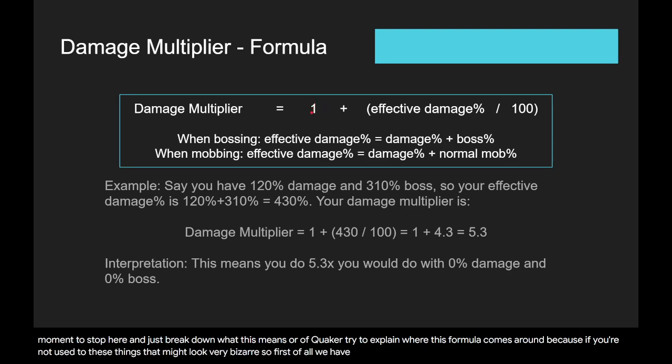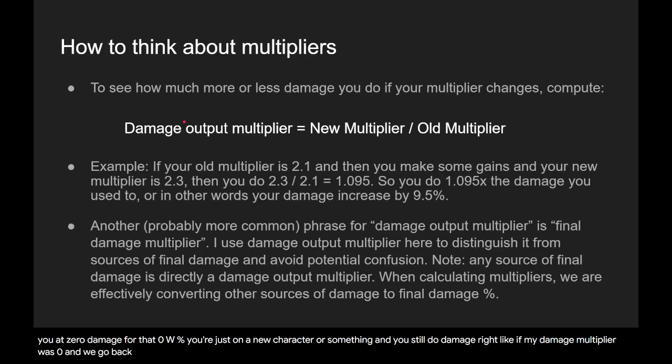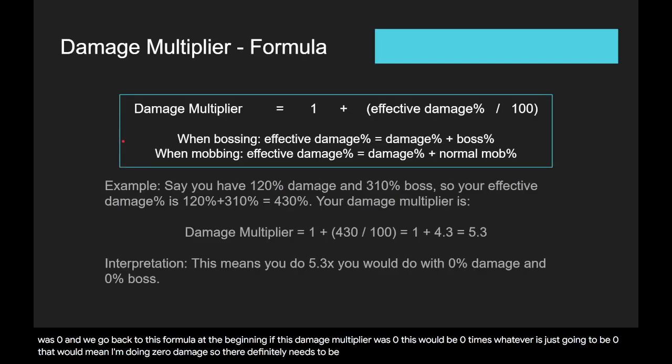So first of all, we have this 1 here. What does this mean? Imagine for the moment that you had 0 effective damage percent, right? You had 0 damage percent, 0 boss percent. You're just on a new character or something. You still do damage, right? If my damage multiplier was 0, and we go back to the formula at the beginning, this would be 0 times whatever, which is just going to be 0. That would mean I'm doing 0 damage. So there definitely needs to be something here.